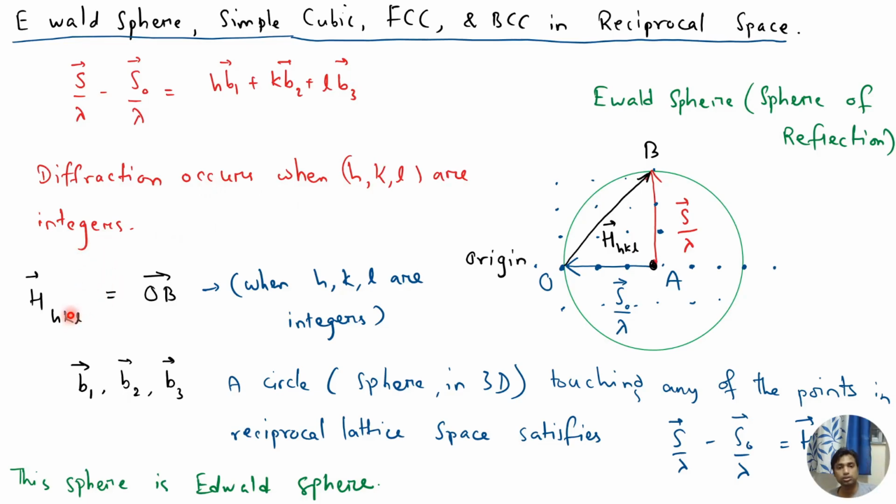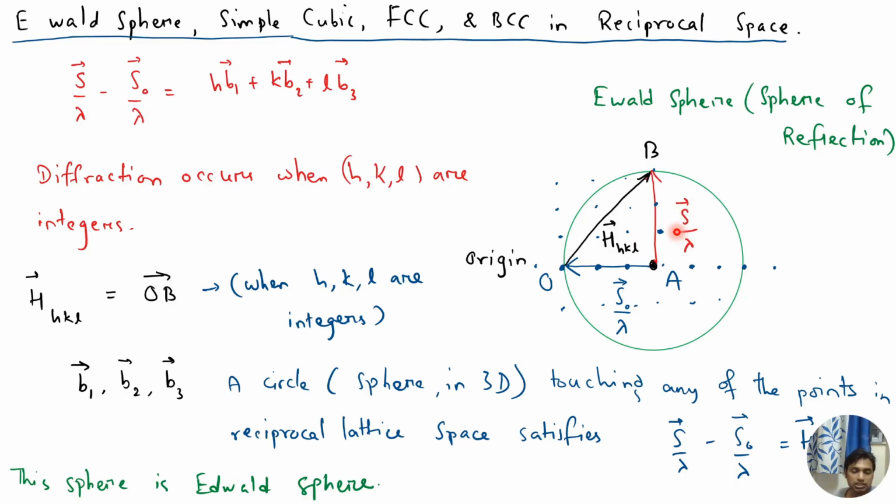Now let us take another lattice vector OB. Let us think of this O as some point in the reciprocal lattice space. If this is your s naught by lambda, let this AB be given by s by lambda.